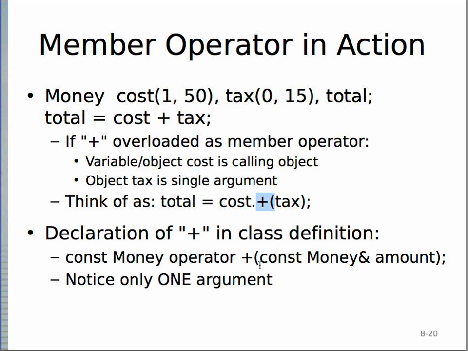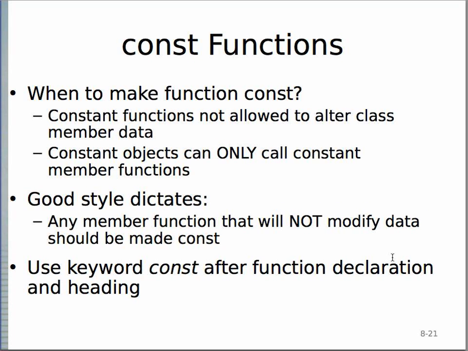And inside the class definition, this is how it would look. You would have a const money object as a return type, and we'd say operator plus, and then in parentheses just one argument. You might ask, when do you make a function const?